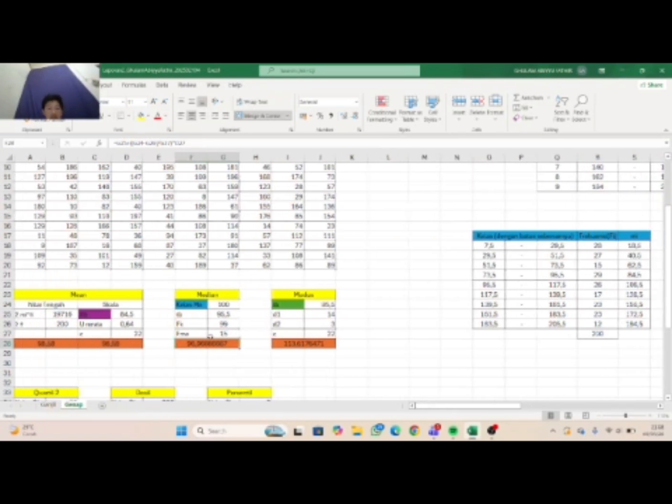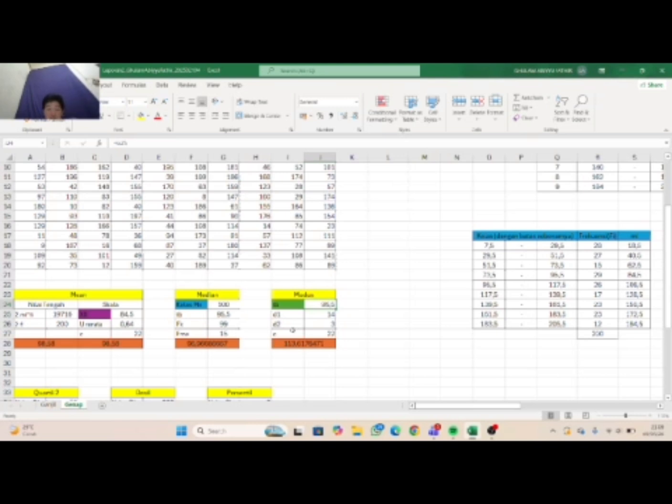And next, I calculate the group data mode. The mode is the value that occurs most frequently, and the first step is to determine the class with the highest frequency. This class is called the modal class, and after that I use the group data mode formula.